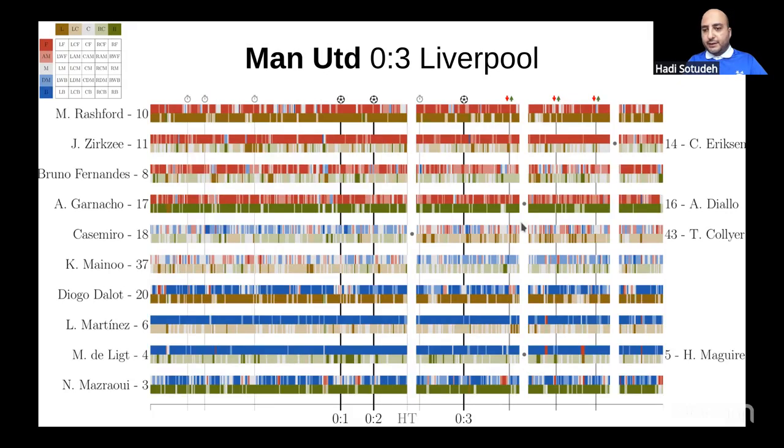And yeah, we can also see that when Amadou Diallo came on the pitch, there was another substitution, bringing Harry Maguire for Matthias de Ligt, and still Harry Maguire was the right center back, so nothing surprising is happening here.